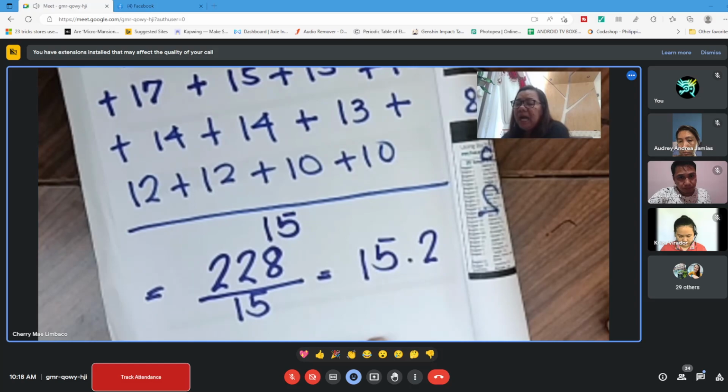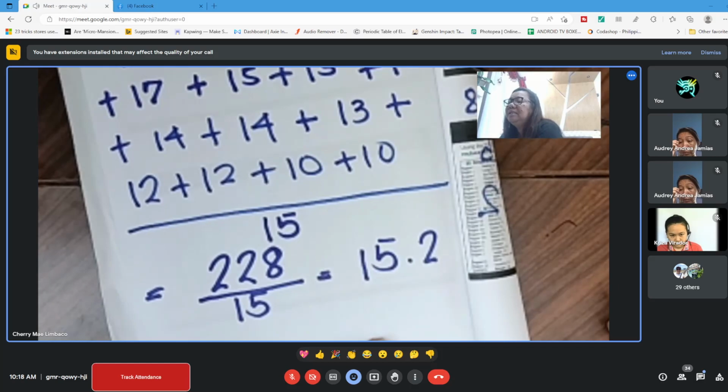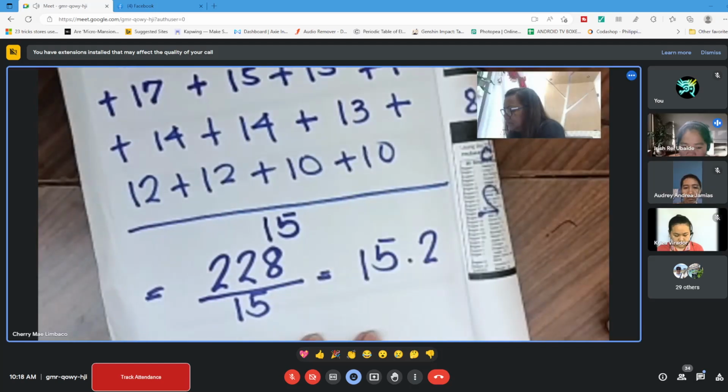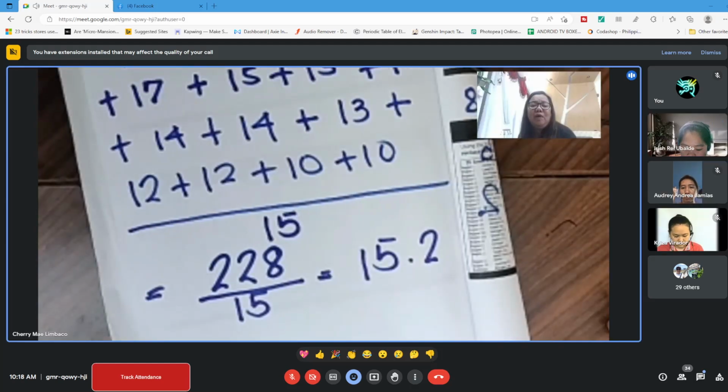Now, I'd like to ask here, Irish, how many of our students obtained scores higher than the average score? How many? 5, Doc. 5? Yes, higher than 15. How many of our respondents obtained a score higher than the average score?